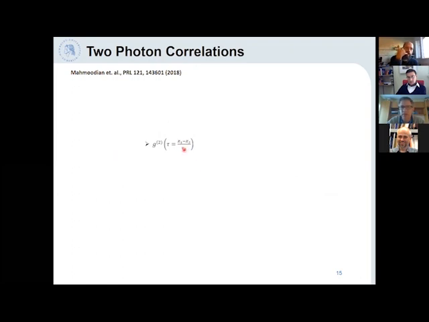If G2 for 0 time delay is larger than for finite time delay, we speak about bunching, and when we have the G2 at 0 time delay smaller than for finite time delays, we speak about anti-bunching. What you can show is that this intensity autocorrelation function is proportional to the modulus squared of this two photon amplitude that I introduced.